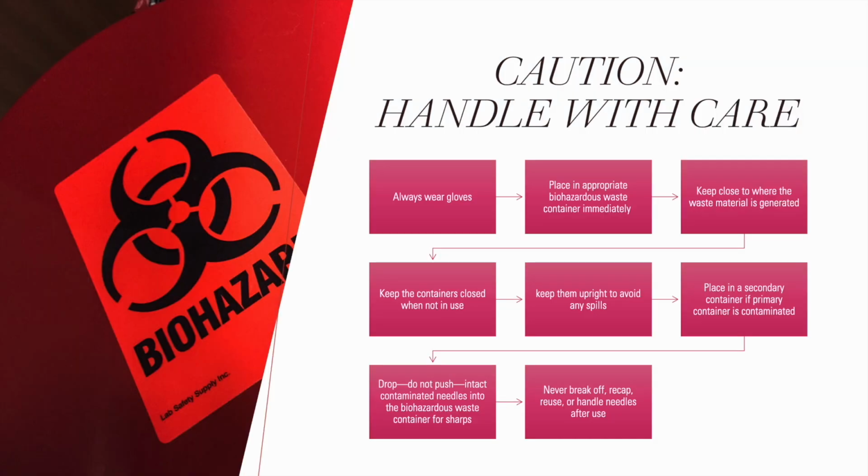When handling biohazardous waste, you want to be cautious and follow these guidelines to handle them with care. Always wear gloves. Place the biohazardous waste in the appropriate biohazardous waste container immediately or as soon as possible. Keep your biohazardous waste container close to the place where the waste material is generated.